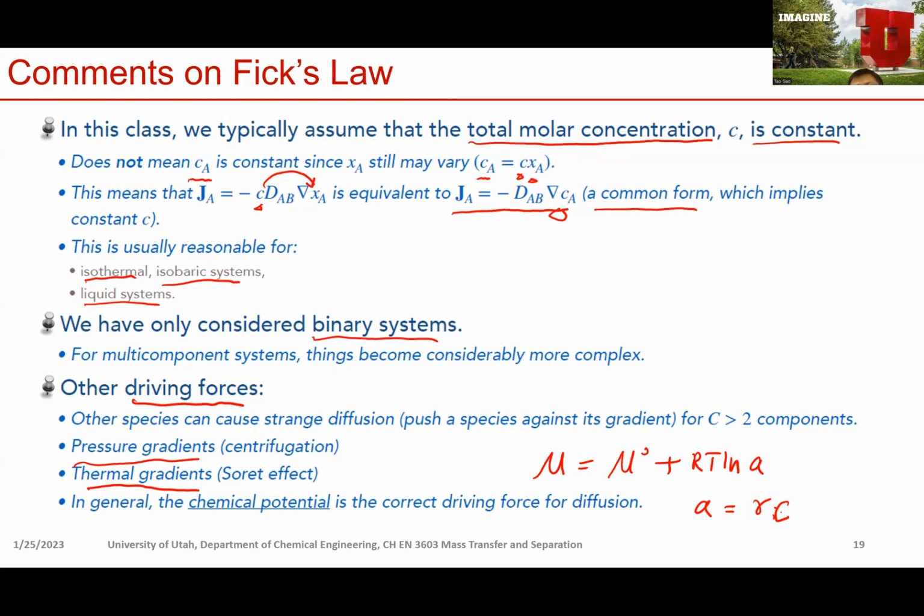Now, from this equation, you can see temperature plays a role here, concentration plays a role here, and the non-ideality of your solution plays a role here through the activity coefficient. That's something you will deal with in your thermo class, which I'm not going to dive into.